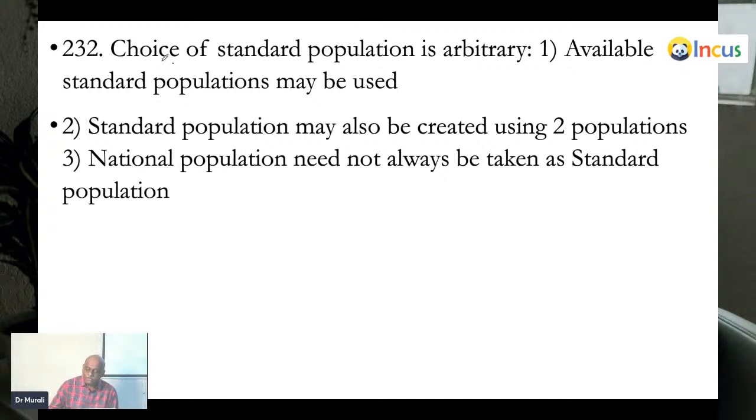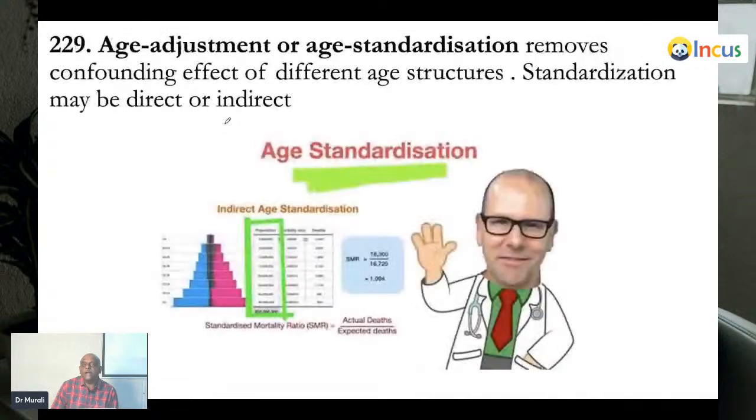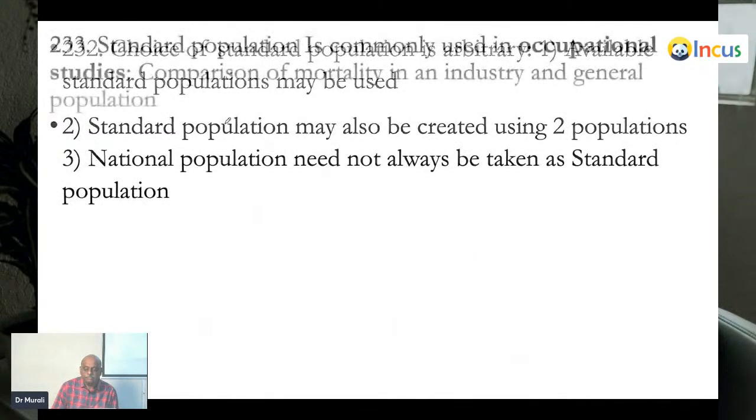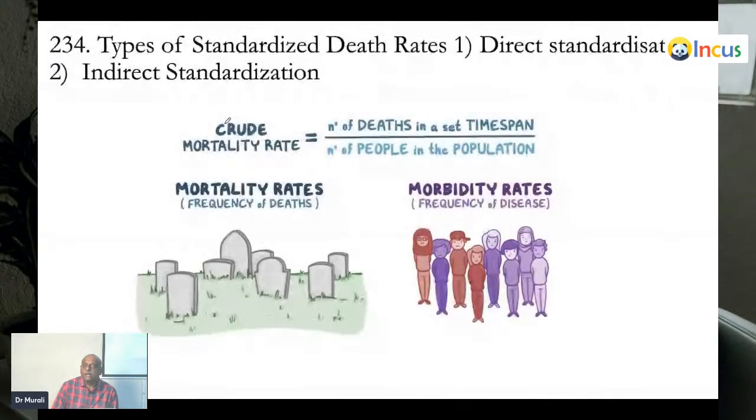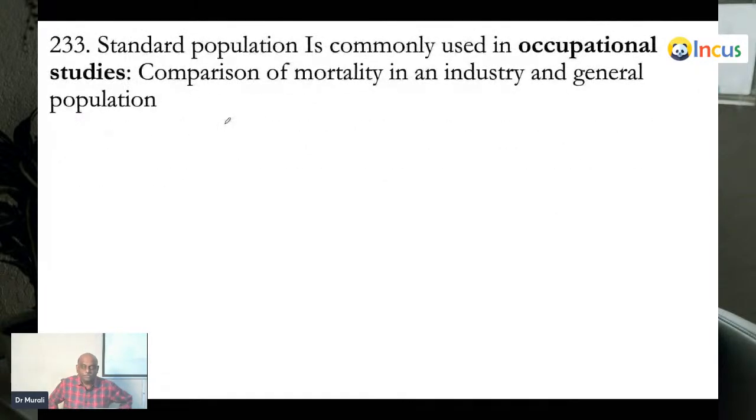There are some available standard populations, or you can create a standard population, or you can use the national population data. Anything can be used as a standard population is what you have to remember.